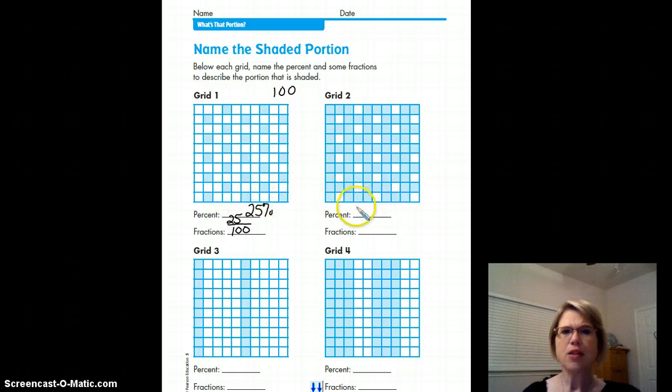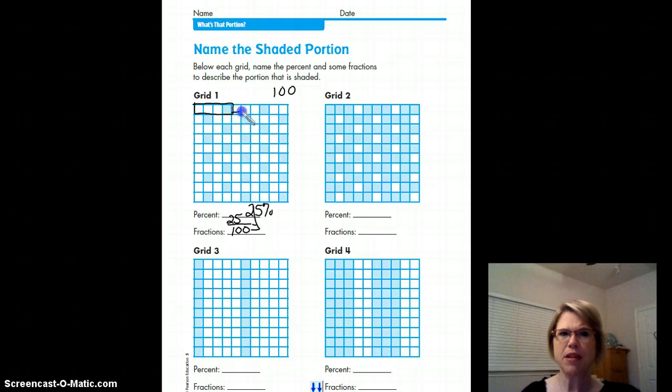So let's take a look at this one, okay? 25 out of 100. Let's come back to this one for a minute. What would another name be for 25 out of 100? Is there something that you see? Now this might be hard to see, but if I show you the first one, I bet you'll be able to see it.